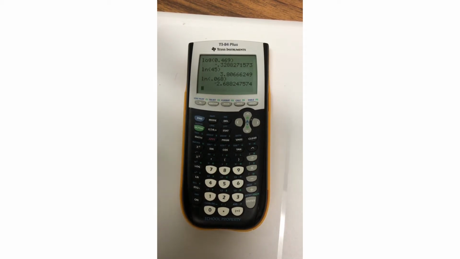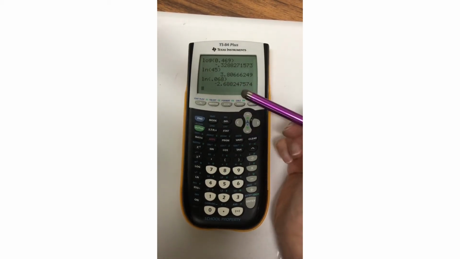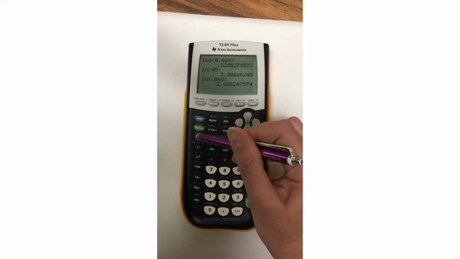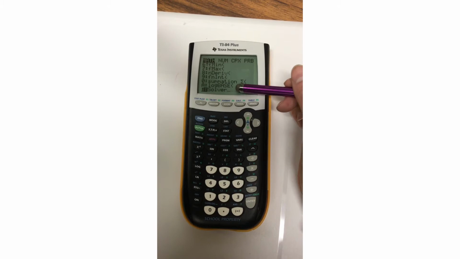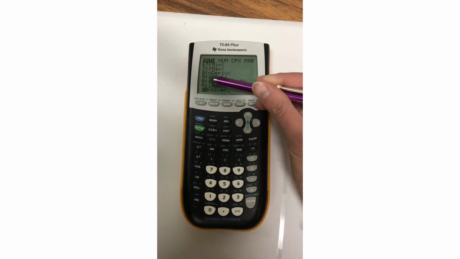If you have a newer calculator, all you're going to do to evaluate log base 2 of 3 is hit math, and keep scrolling down until you see log base. It's actually letter A, after 0.